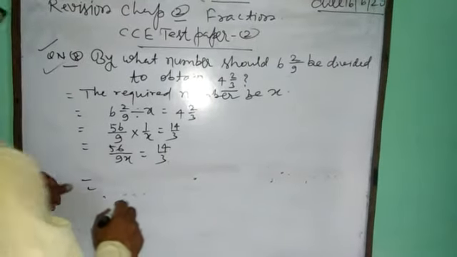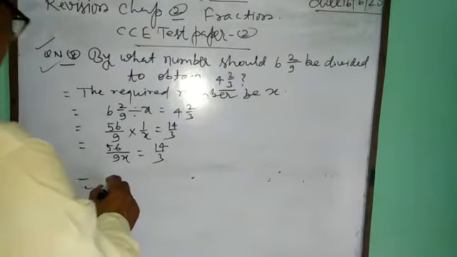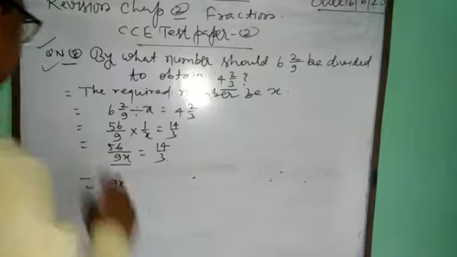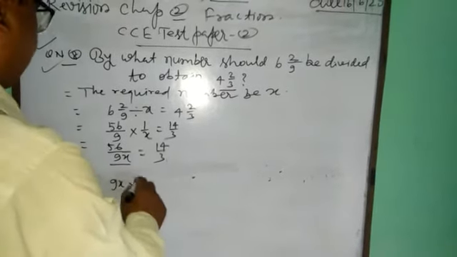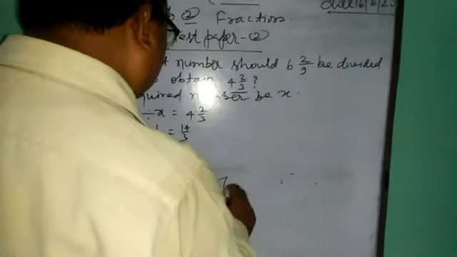Now we do cross multiplication. Constant and variable, all we write on the left hand side. 9 multiplied by 14 is equal to 3 multiplied by 56.